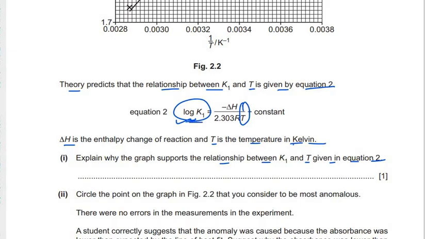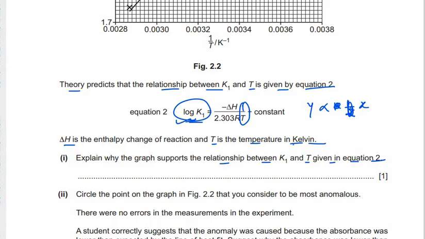So if we look at the graph, we can say that the value which we have taken on y is directly proportional to 1 upon T on the x-axis, because it is equated with an equal to sign.